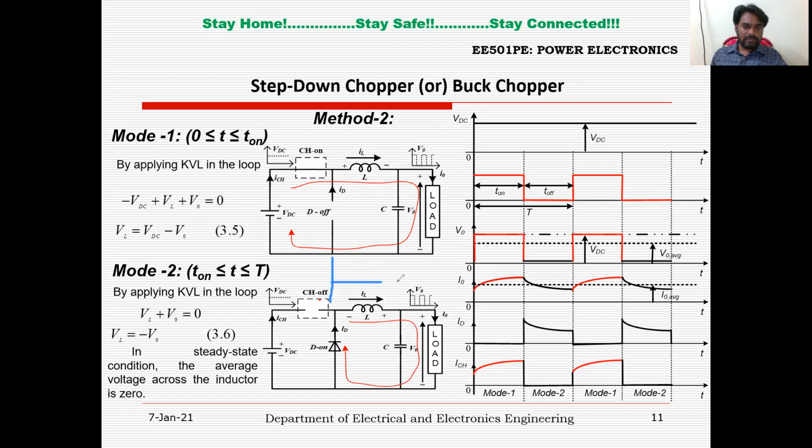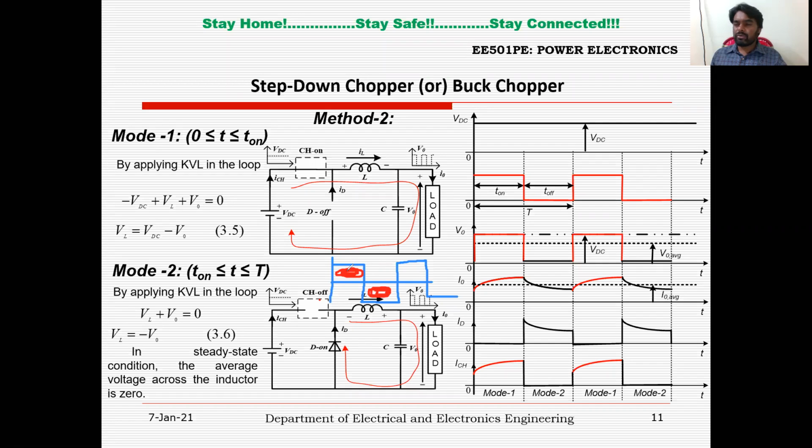When the chopper is in on condition, you get positive voltage. When the chopper is in off condition, you get negative voltage, positive, negative like this. So at steady state condition, the area during on condition will be the same as the area during off condition, right?